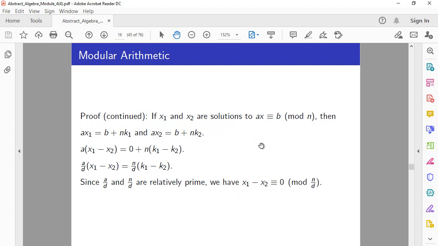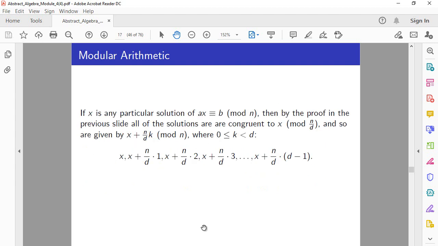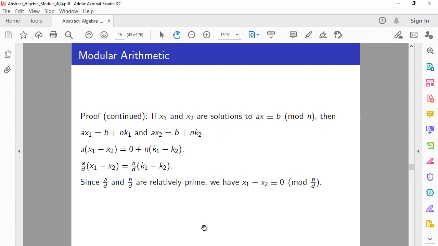So what we have shown is that if x1 and x2 are two solutions of the linear congruence here, then the two solutions are congruent modulo n over d. Basically, all solutions are congruent modulo n over d.